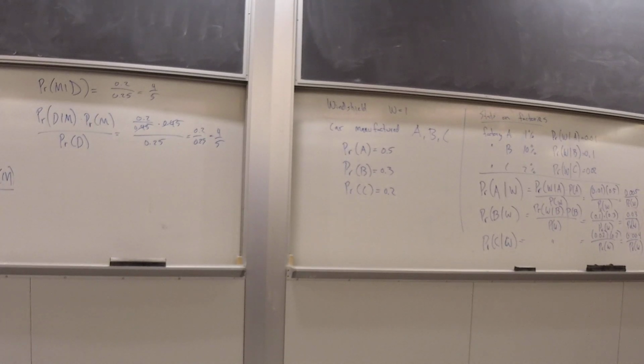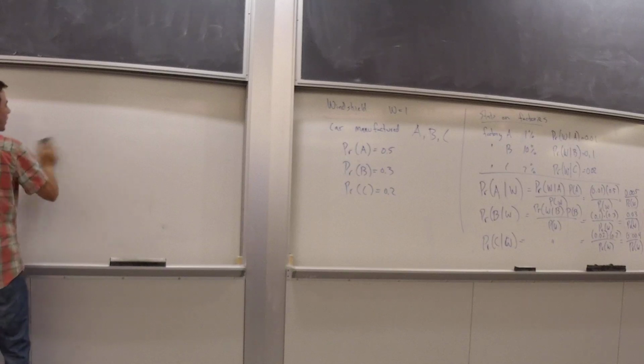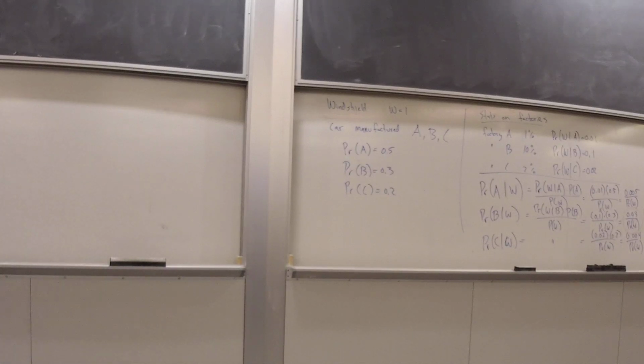So this is a specific example of where it's useful. But as I've been using M and D as random variables, the more general use case is where M represents the space of models, and D represents the data I've observed.